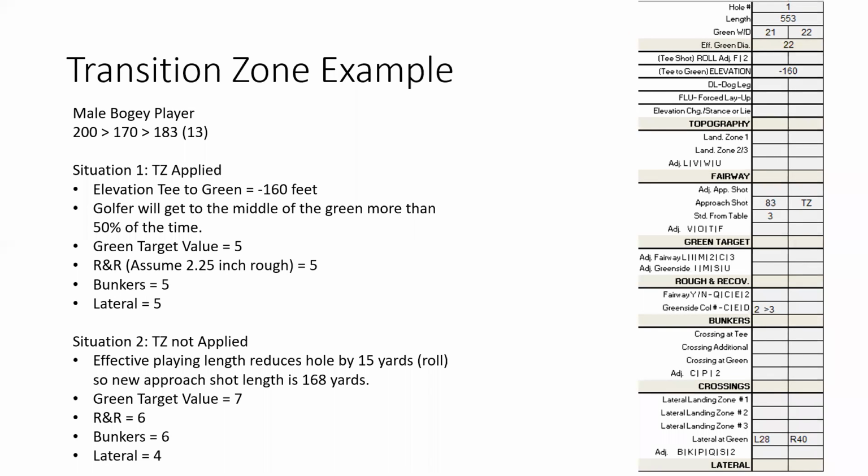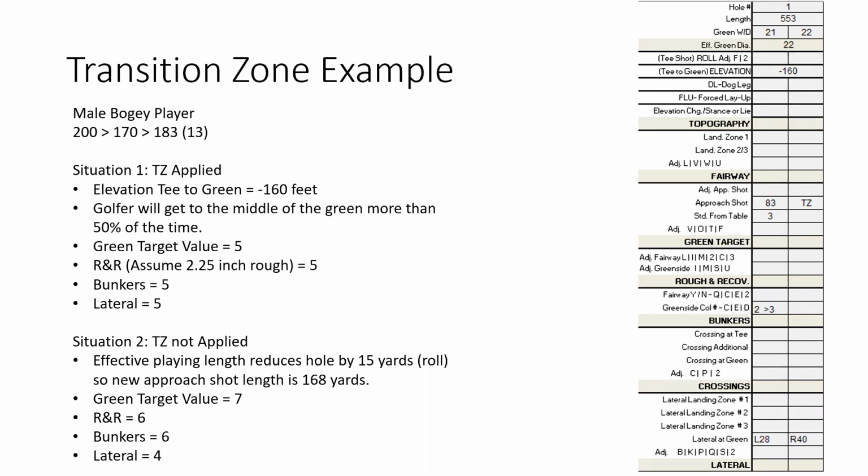Okay, and then the second situation, and this is one where it could take us out of the transition zone completely, we're going to assume that effective playing length reduces the hole by 15 yards of roll. So on that, Rick, to your point, roll can impact where the ball ends up.